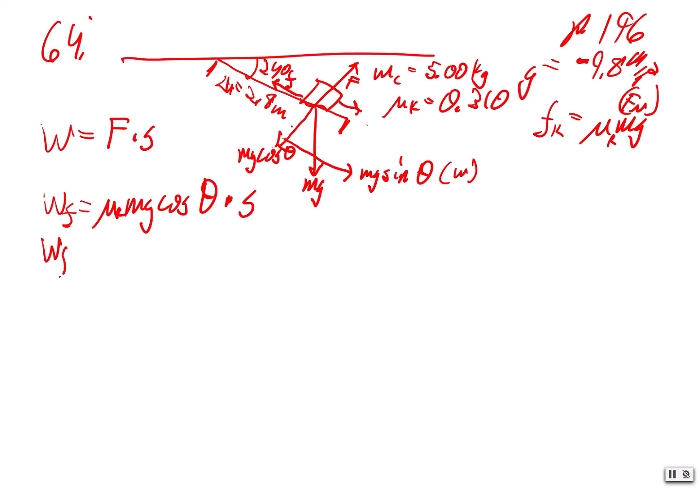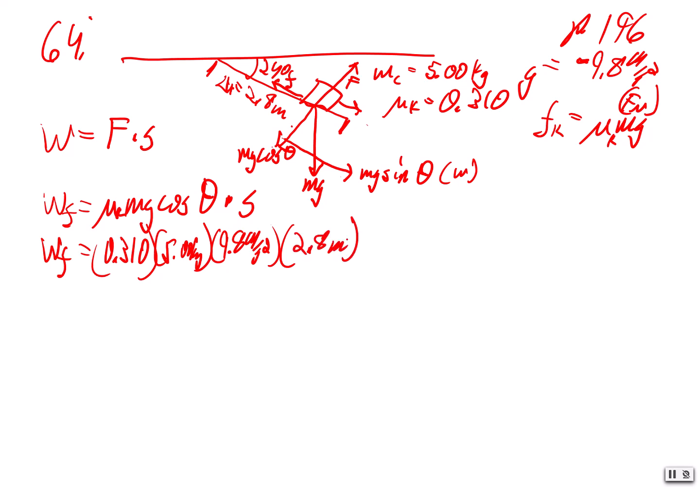So the work done by friction is equal to 0.310 times the mass, which is 5 kilograms, times gravity, which is 9.8 meters per second squared, times distance, which is 2.8 meters. Okay. The work done by friction. Now, we got to look at our angle.